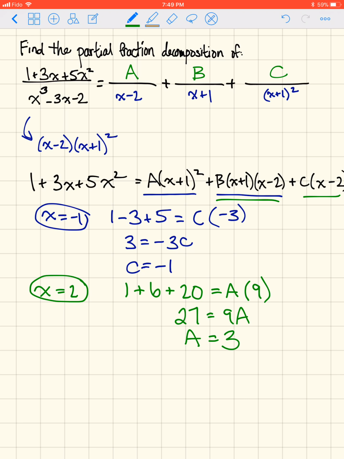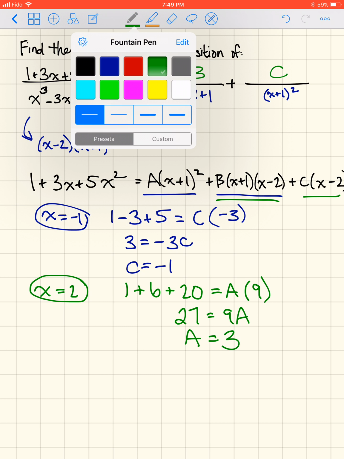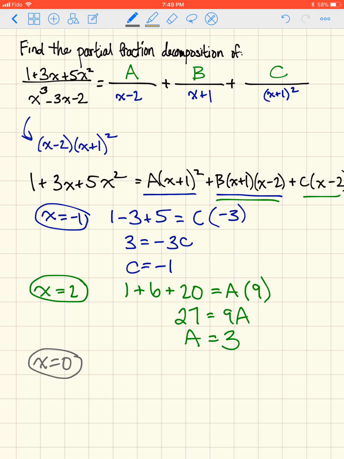Now to figure out the B term, it doesn't really matter what we do, so let's use x equals 0 because that seems promising, I think. It means on the left-hand side all we have is a 1, which is nice. We have A, which is 3. Oh, but it's 0, so we'll ignore that. No, it's not. Sorry. 0 plus 1 is 1, so we have an A. And 0 plus 1, 0 minus 2.